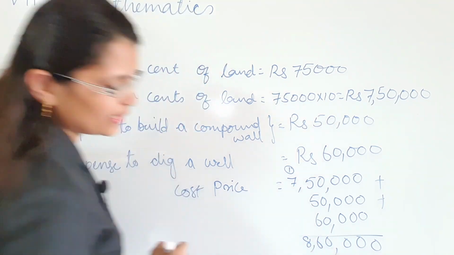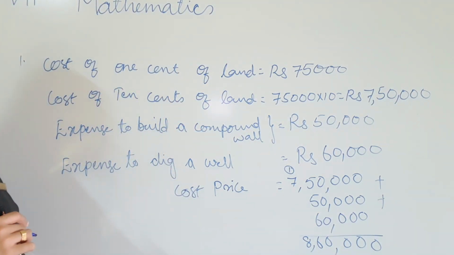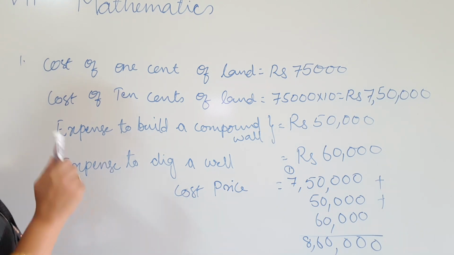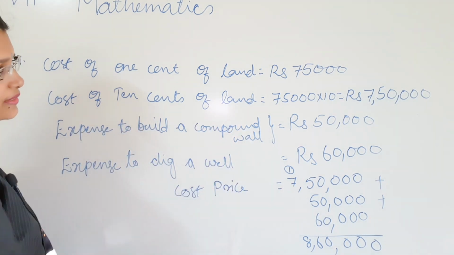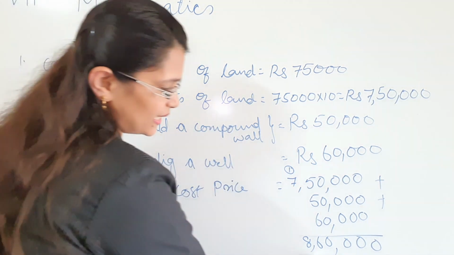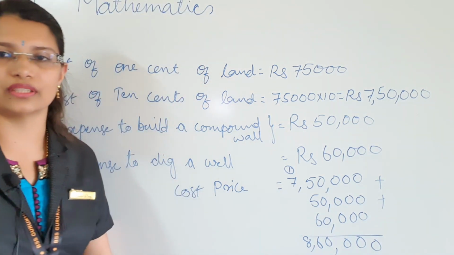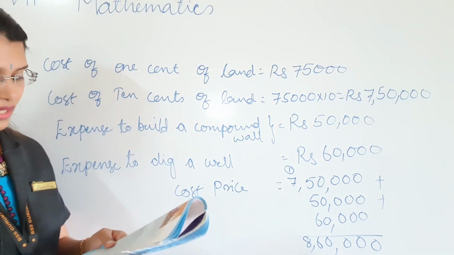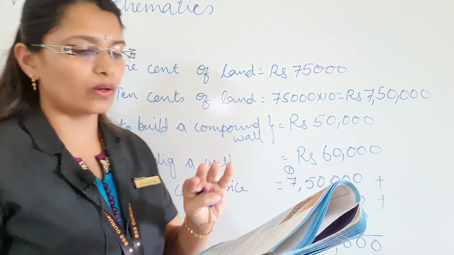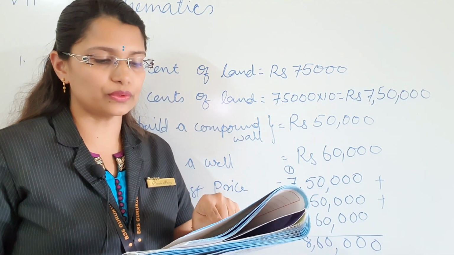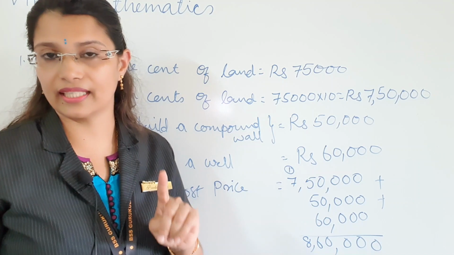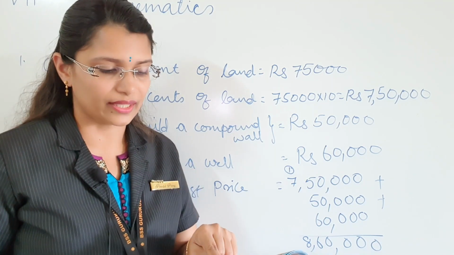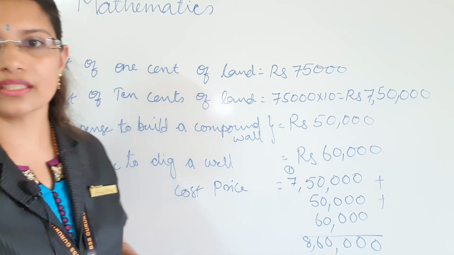So 8,60,000 rupees. So what is the actual cost of 10 cents of land? 8,60,000 rupees. Now he sold the plot at 90,000 rupees a cent. That means for 1 cent it is 90,000 rupees.